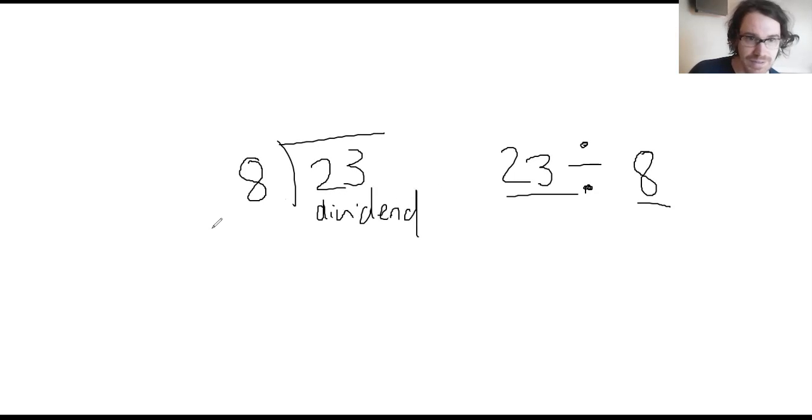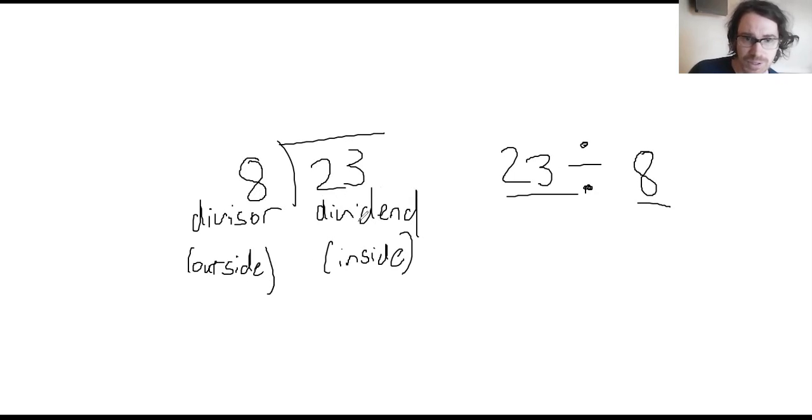The number on the outside is going to be our divisor. So which one is the one inside? It's the dividend. Which one is the one outside? It's the divisor. Dividend inside, divisor outside.